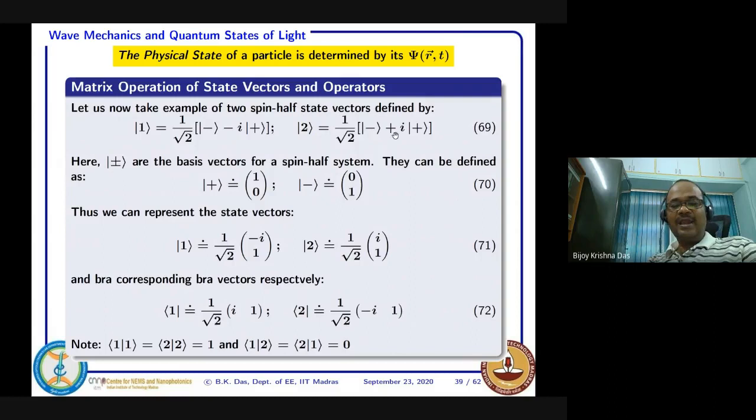I can represent the weightage as imaginary, that is, complex. The wave function is complex, right? So we are representing it in complex form, with i here and i here. If you represent it in the complex form, you can find out they are normalized, and you can identify the basis vectors also.